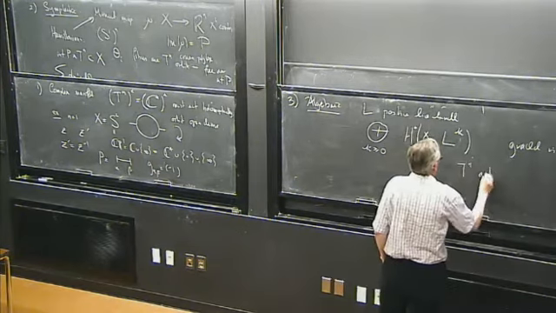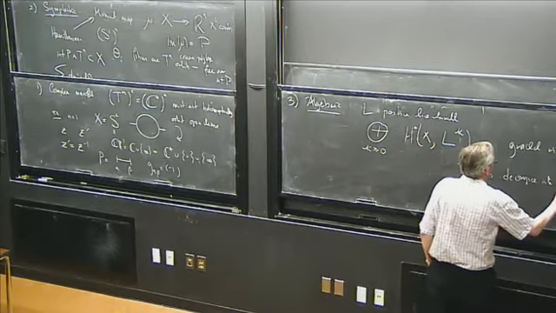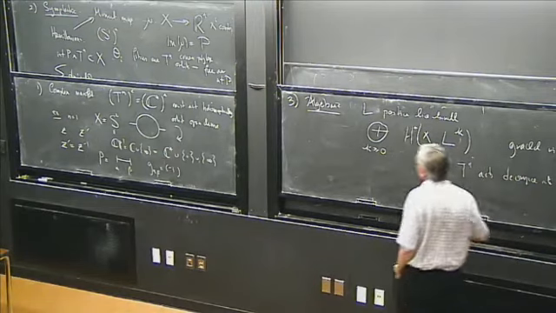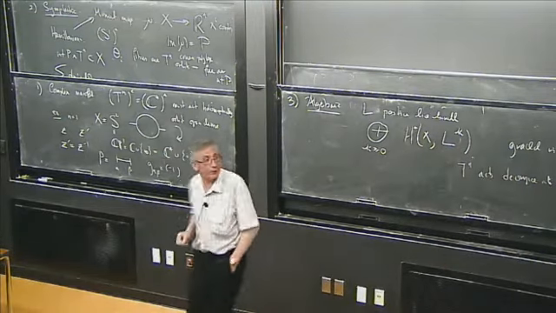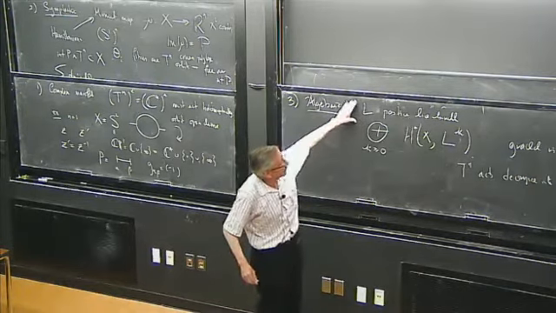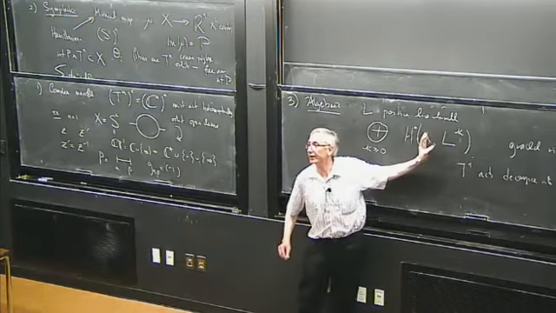We can decompose into weight spaces under the action. So in one direction, if we start with this given data, we can consider the action of the torus and consider how these things break up under that.